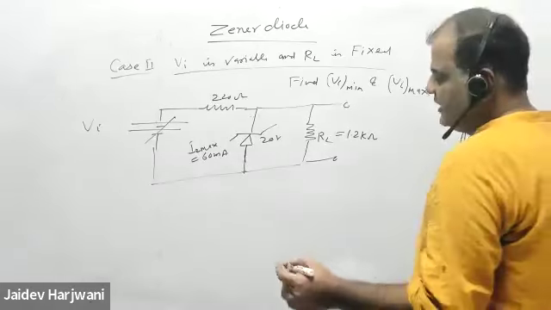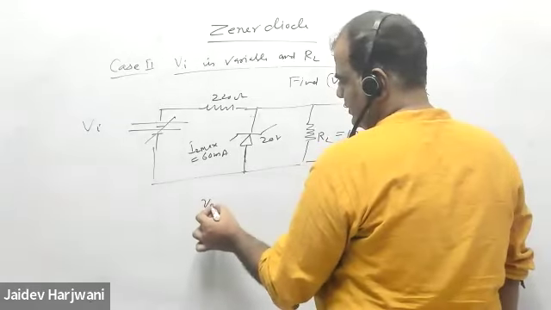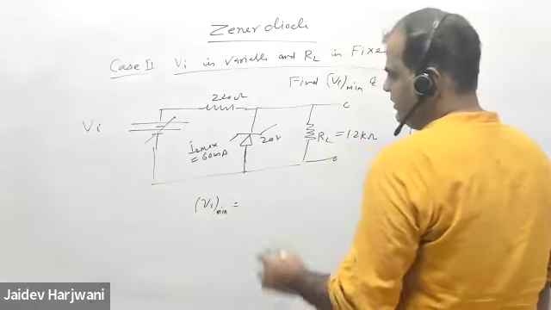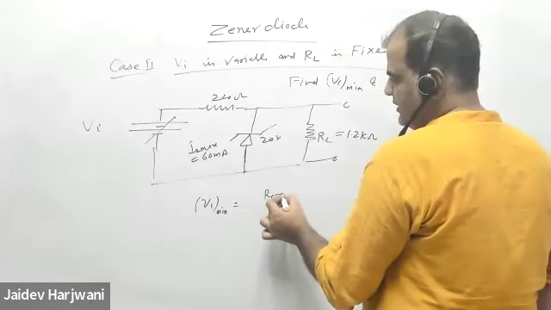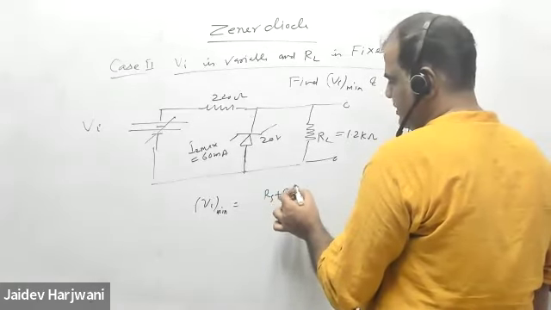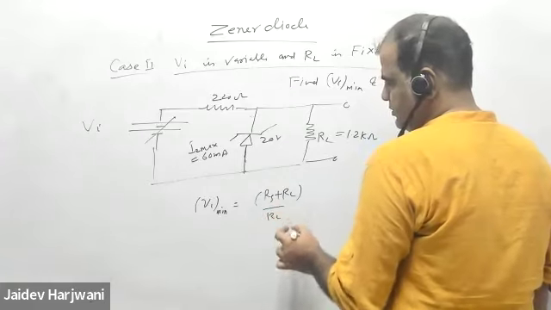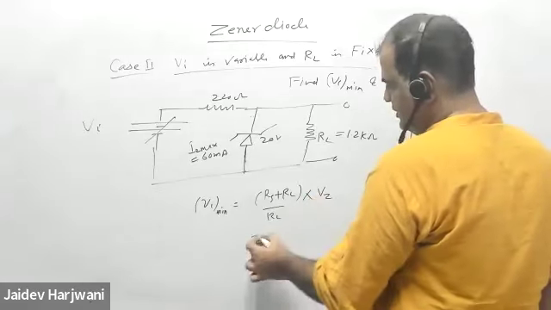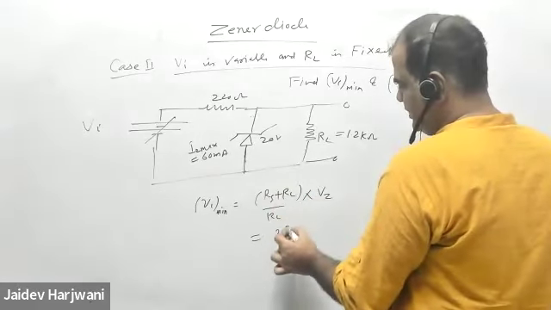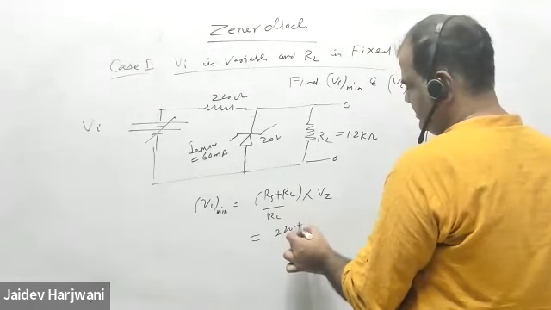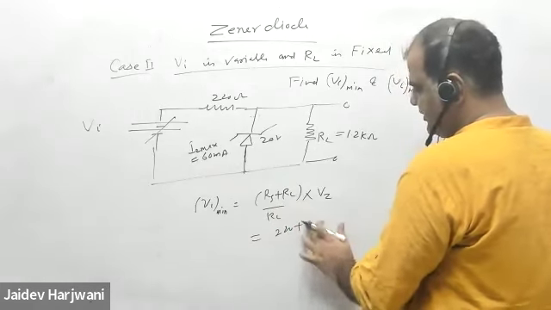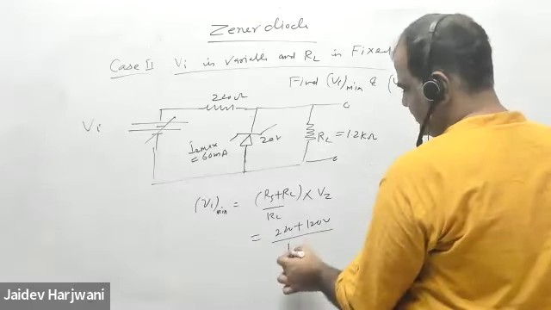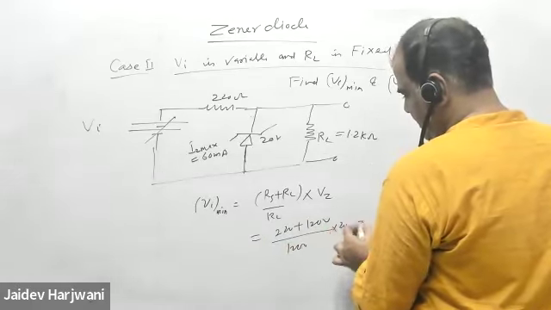So tell me, what is Vi minimum? Vi minimum will be, tell me, formula is what? RS plus RL upon RL into Vz. Vz is 20. So 220 plus 1.2 kilo, that is 1200 ohm. Plus RL is 1200 into 20.